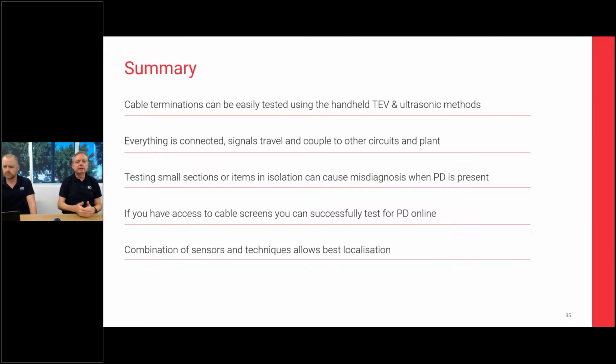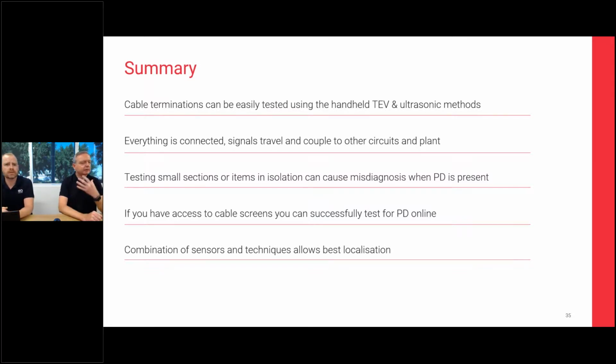We also use a bit of engineering judgment and knowledge in terms of history of failures, type of switchgear and things like that, and also pattern recognition on the phase resolved plot. So sometimes we can see from the pattern that it may be associated with a defect up in the switchgear, for example.